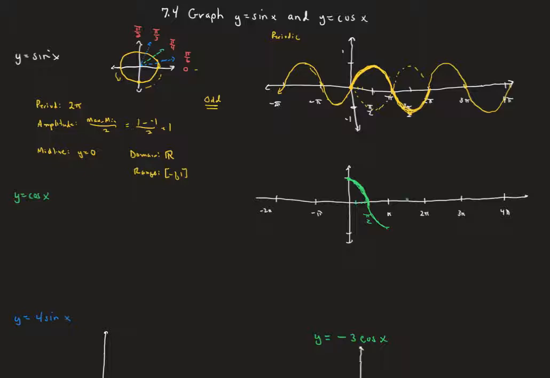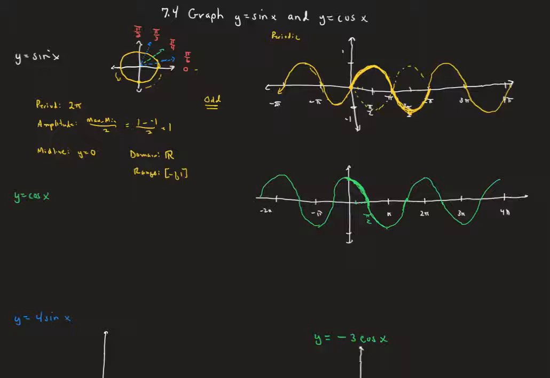At 3 pi over 2, we're back to 0. And at 2 pi, we're going to be back to 1 again. And so it's going to repeat itself over and over again. So at 3 pi, we're at -1. And so it's going to do something like this. And likewise, in the opposite direction, it continues on and on and on.